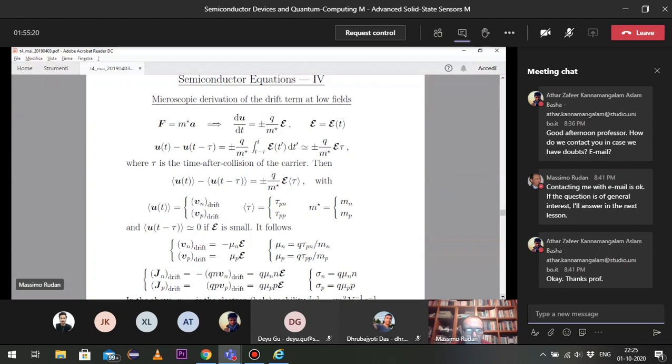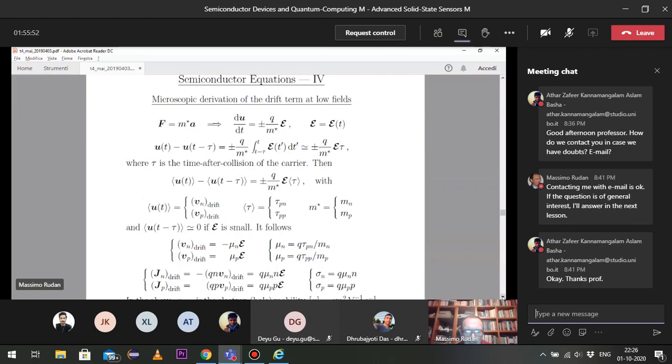Now, what is the average of u? Of course, it is v sub n if you are considering electrons. Actually, v sub n of drift, because in this case, the only reason for the motion of the particles is the electric field. Or it is Vp of drift if you consider holes.